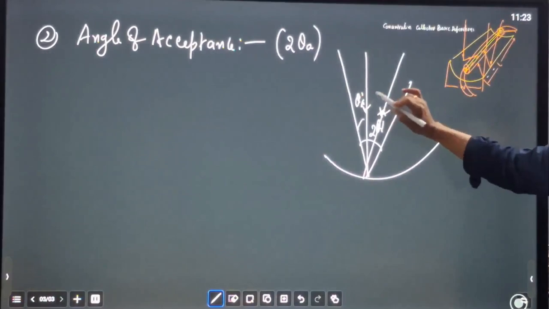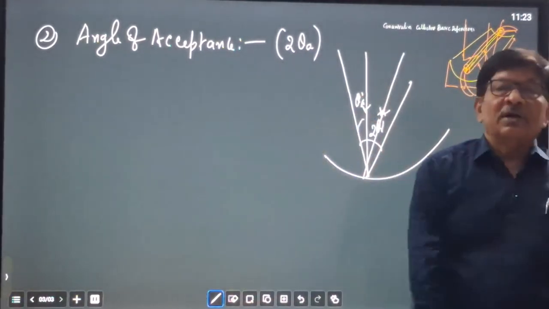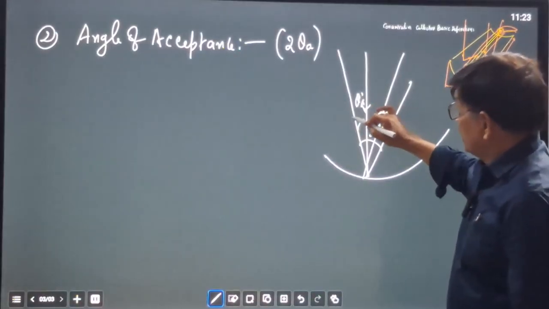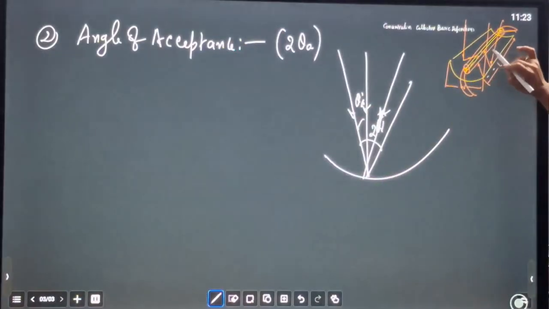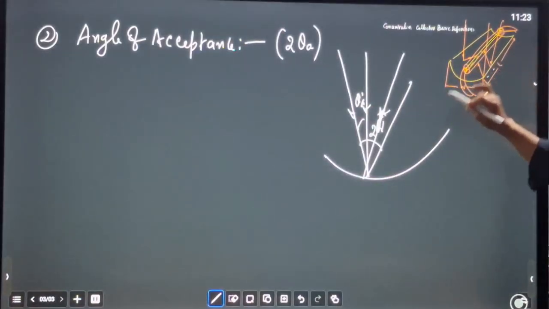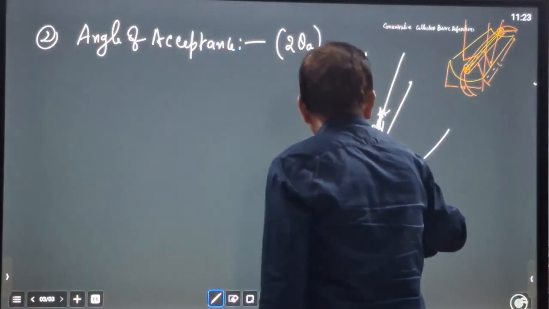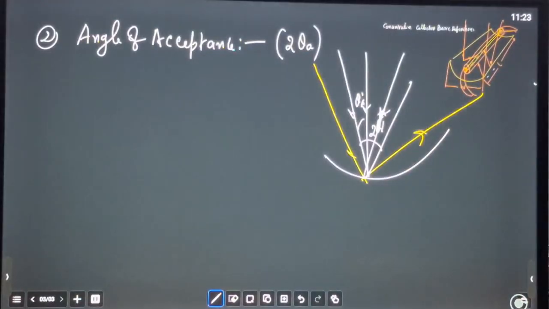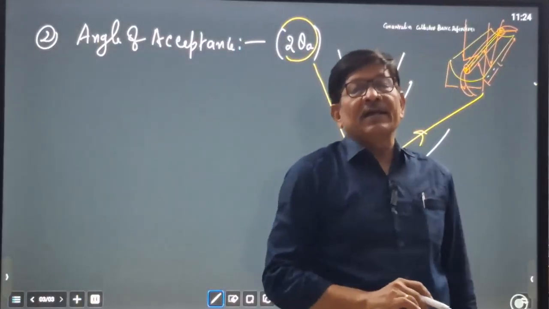This is the maximum permissible angle on both sides of the normal, up to which if radiations are incident, that radiation can be focused on the absorber surface. Otherwise, if the angle becomes more, it will not be reflected back to the absorber surface. So this is the maximum angle known as the angle of acceptance.